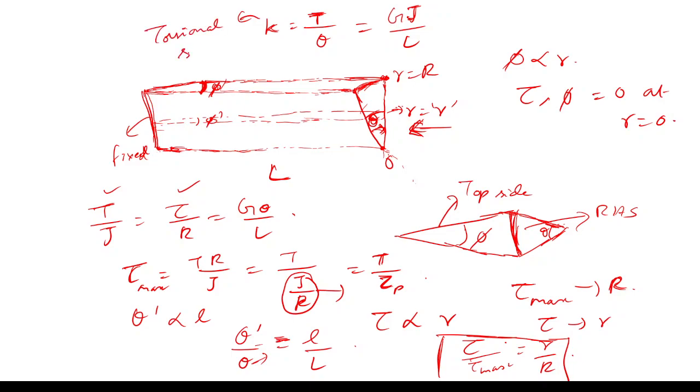And what is torsional rigidity here? GJ, yes, GJ is known as torsional rigidity. So all the basics clear? Yes, sir.